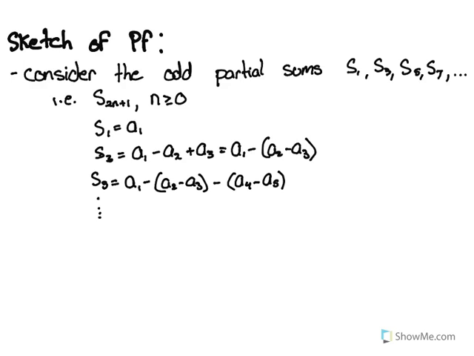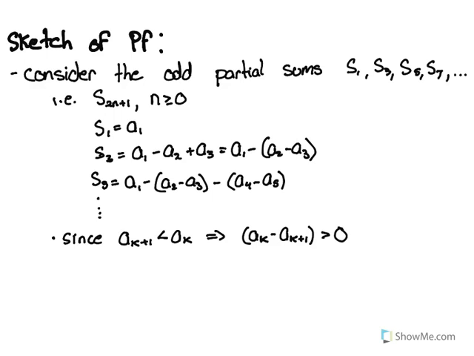But note that since the sequence is decreasing, so since a_{k+1} is less than a_k strictly, that implies that a_k minus a_{k+1} is positive. So this is greater than 0.